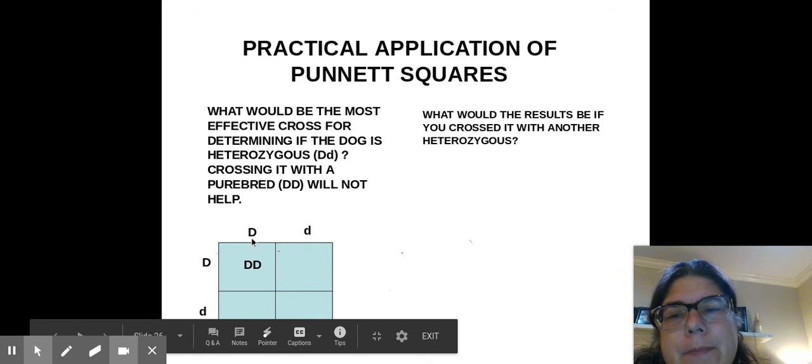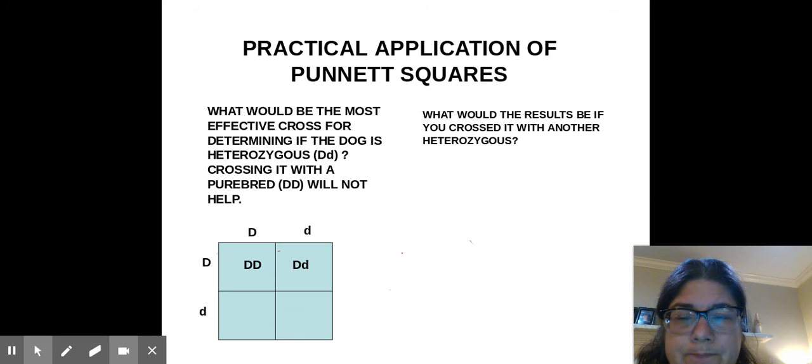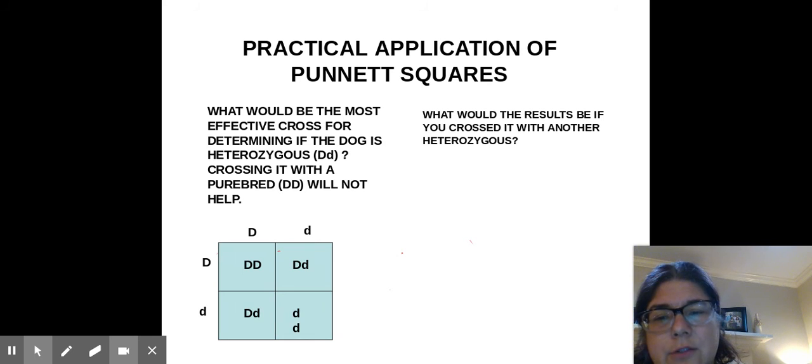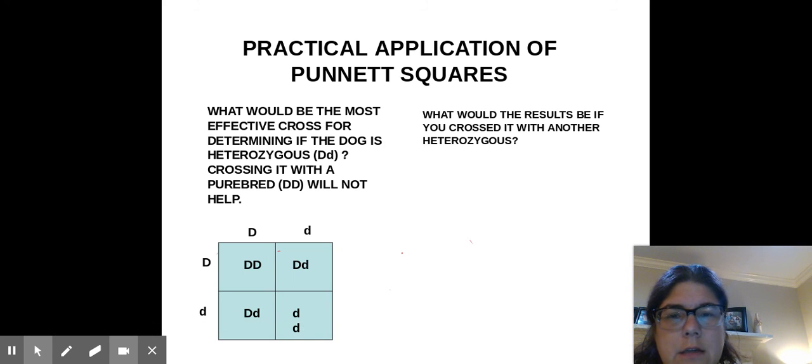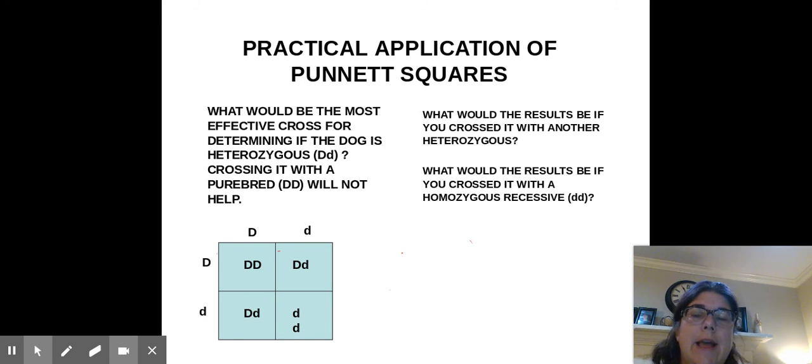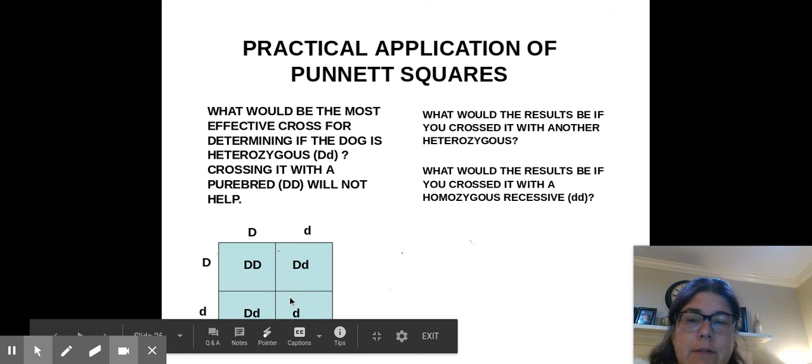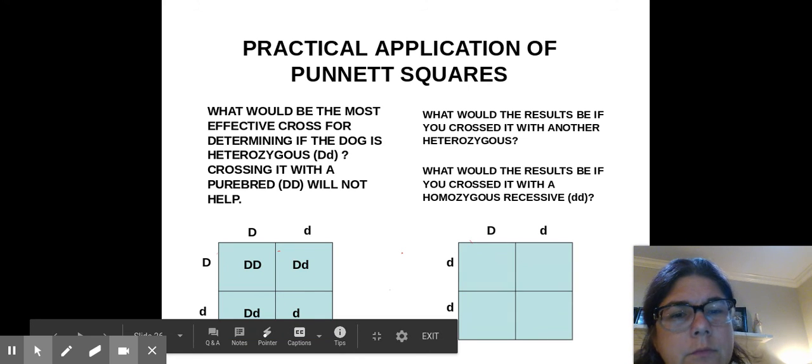If we had a big D, little d, and the one that we didn't know about happened to be heterozygous, we complete our Punnett squares. Big D's going down, little d's going down. Big D's going across, little d's going across. Okay, we should notice that we have 1 here, 1 out of the 4 that would be dwarf.